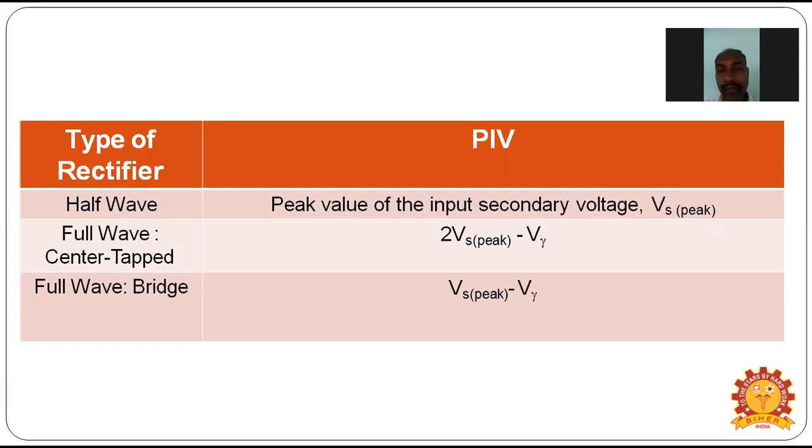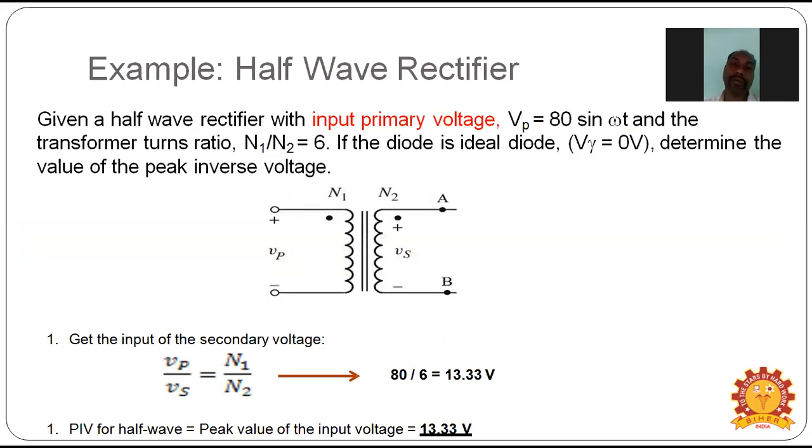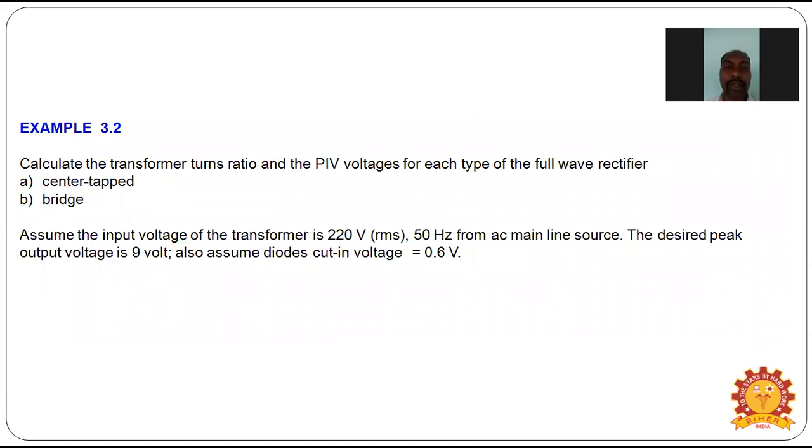And next, this is an example problem for the rectifier. In this problem, calculate the transformer turns ratio and the PIV voltage for each type of full wave rectifier, that is center tapped and bridge.